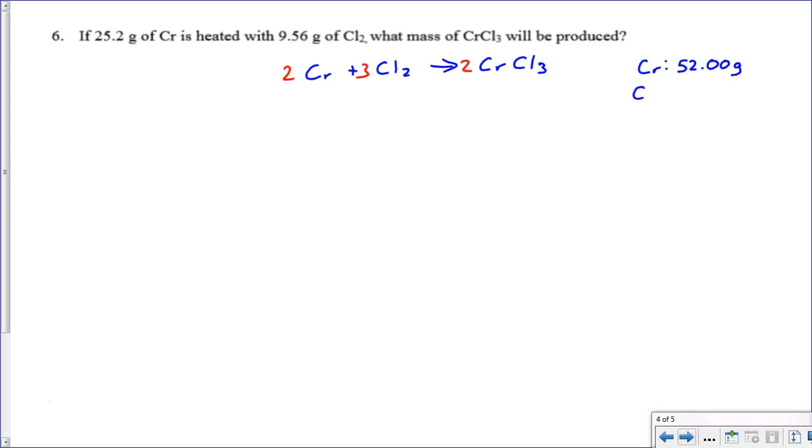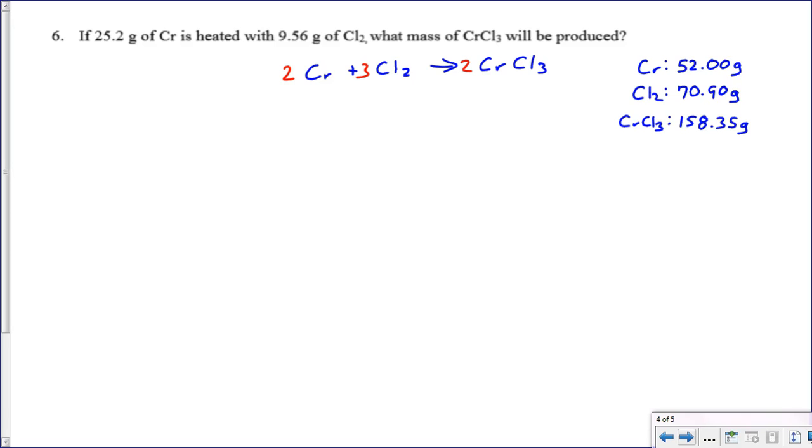For Cl2, that's 2 chlorines, the molar mass is 70.90 grams. And for CrCl3, adding up the masses from the periodic table, you get 158.35 grams. All right, so those are our 3 molar masses, and you'll see how those come into play in this process.